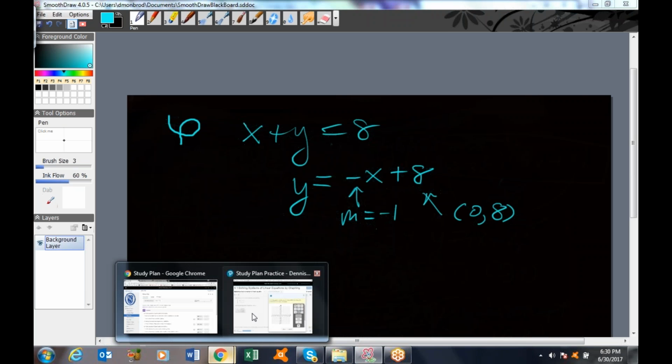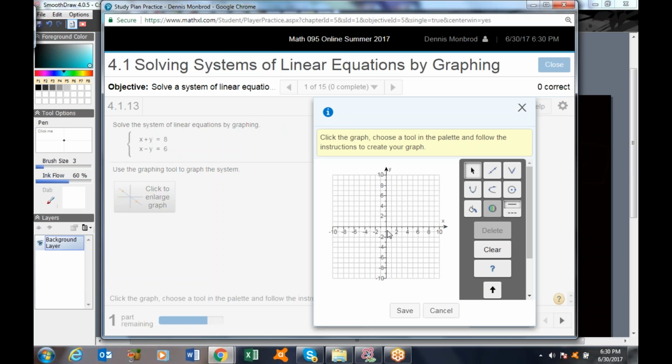And let's head back over here. So 0, 8, so right here, and the slope is -1, so if I come down 2 and over 2, I'll be at another point. So that's the first line. Okay, the next one, x minus y equals 6. Let's come back over here.